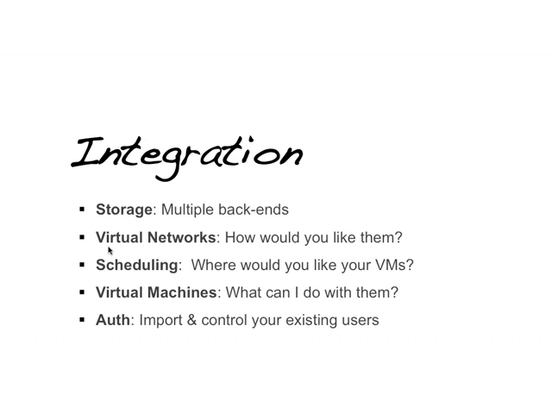Also, how does OpenNebula deal with the virtual networking offered by VMware hypervisors? We'll talk a bit about the scheduling, how OpenNebula performs in scheduling and what it can offer to your VMware-based infrastructure. Also, what OpenNebula can do about managing virtual machines, and how OpenNebula can integrate with your existing authorization tools to offer a user management layer on your VMware-based infrastructure.